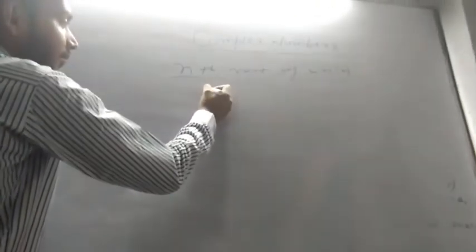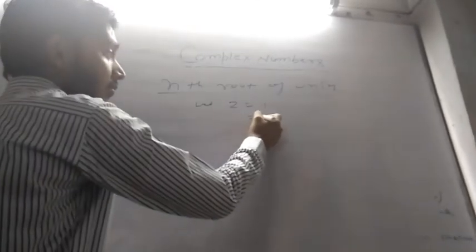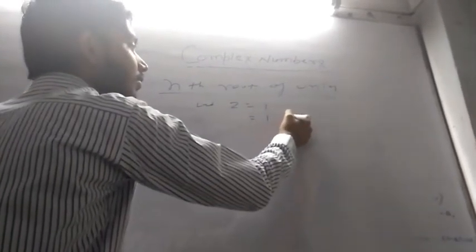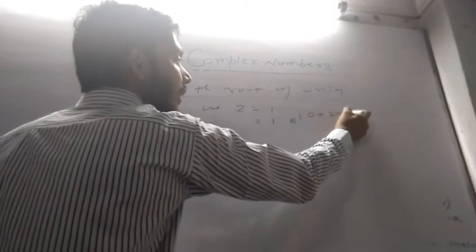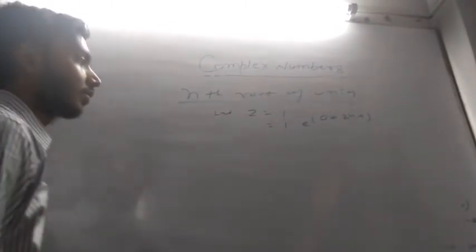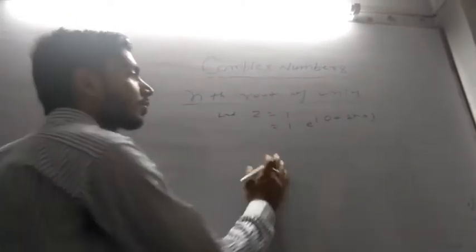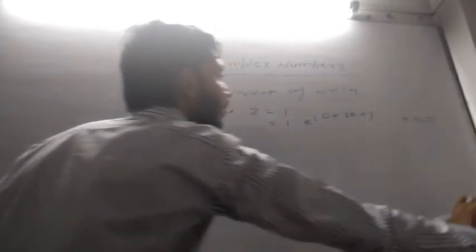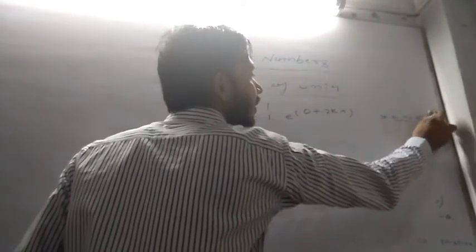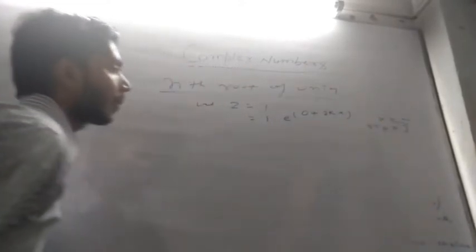Okay. Let z equal 1. Then you can write 1 as e to the power i(0 + 2k pi), where k belongs to integer.